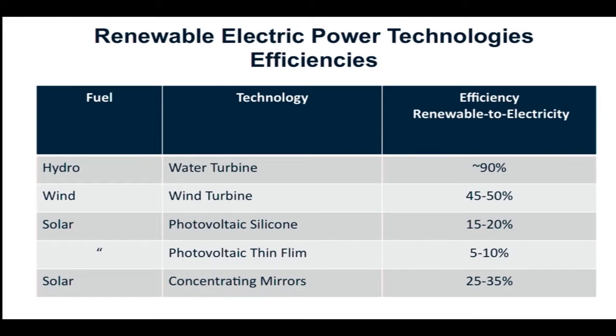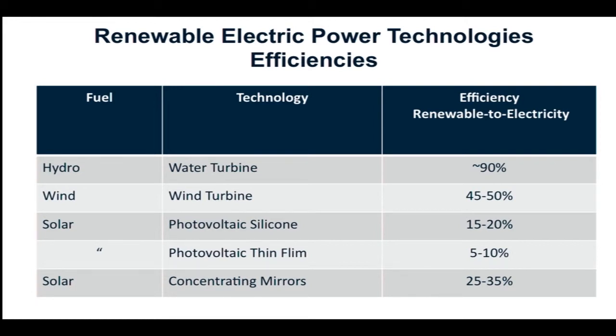Thin films are much lower, but these can be done out of plastic and can be flexible, and they're much cheaper per unit area to produce than the thin wafer polysilicon and polycrystalline. But the efficiency of converting the sun's energy that hits them is lower, so you have to have on the order of twice as much area of the thin film collectors as you do the silicon collectors.